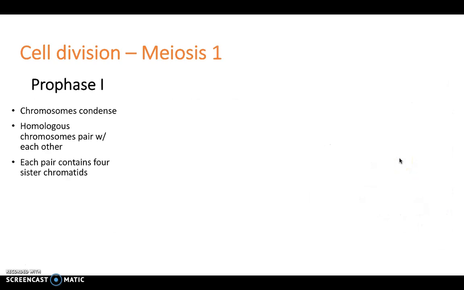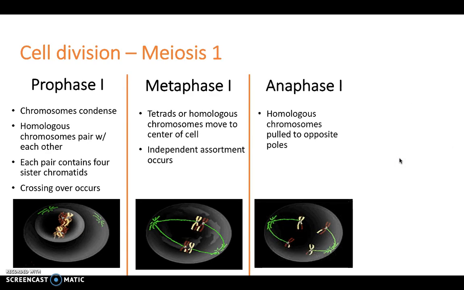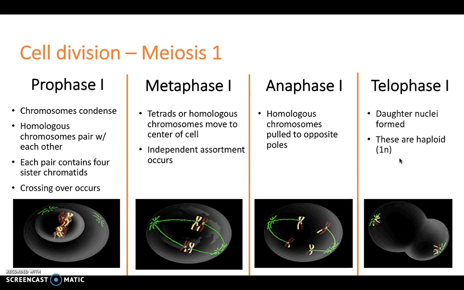In meiosis 1 we have the same kind of thing happening. We have prophase, metaphase, anaphase and telophase. Now 2 things happen here which are different to what you see in mitosis. The first one is crossing over, and essentially this is the crossing over of the chromatids in order to introduce genetic variation. And we also have independent assortment, and this is how the chromosomes line up in the middle of the cell along the equator, and it's different.